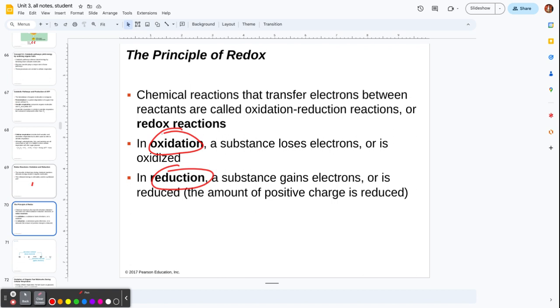And we call that oxidation. The one that loses the electron has become oxidized. Sometimes these are referred to as redox reactions because reduction and oxidation, so redox. But they always happen in pairs. If one gains, the other one loses.